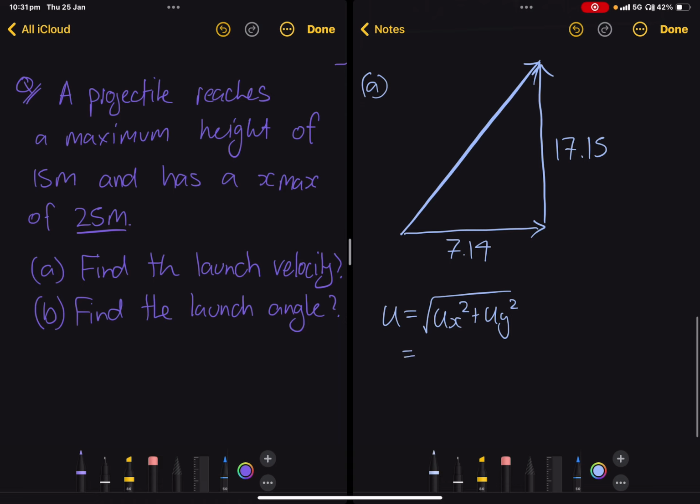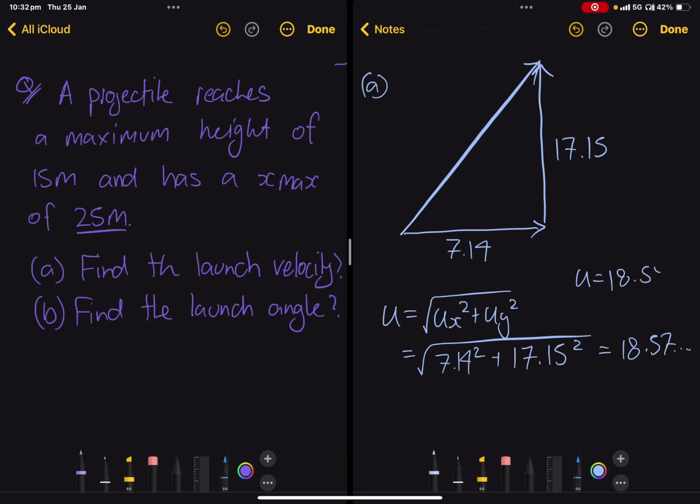This is equal to the square root of 7.14 squared plus 17.15 squared. That gives me 18.57... and this means the initial velocity was 18.58 to 2 decimal places, meters per second. So this is the answer to part A.